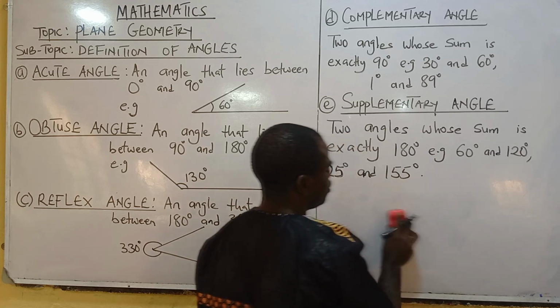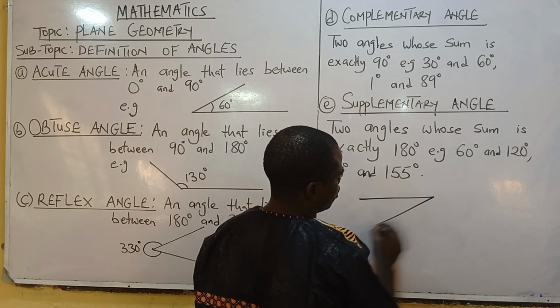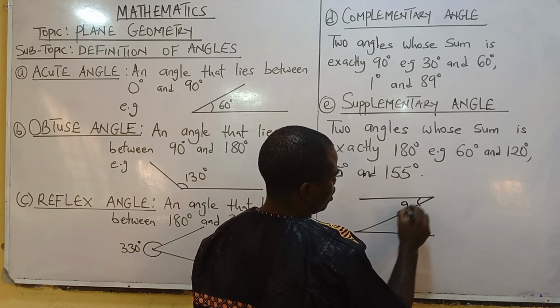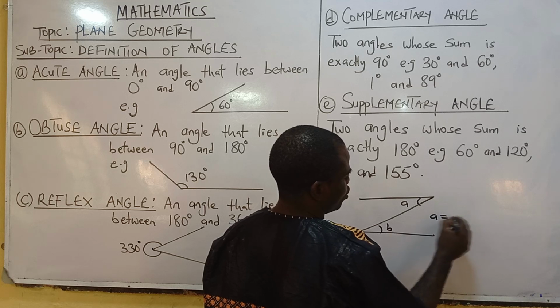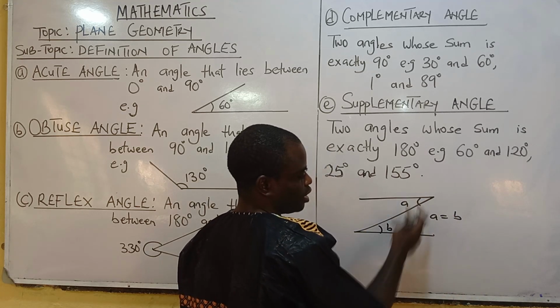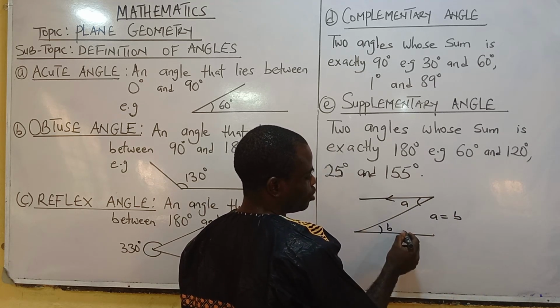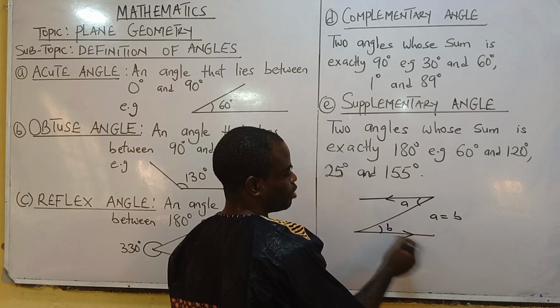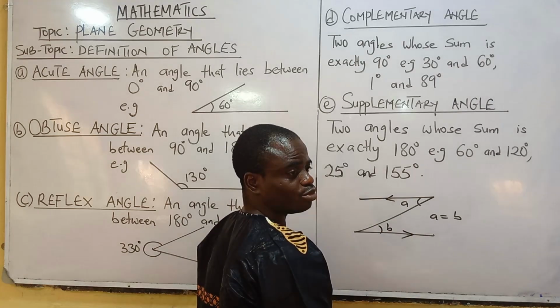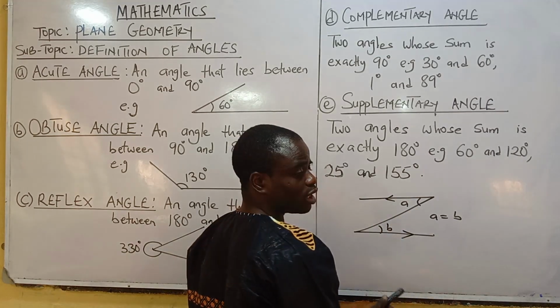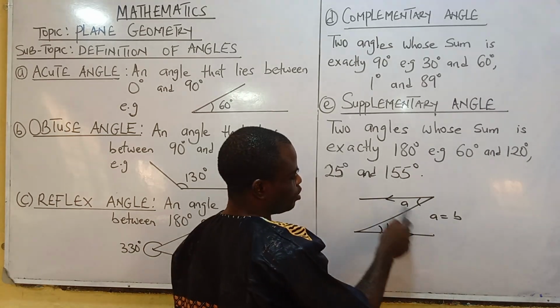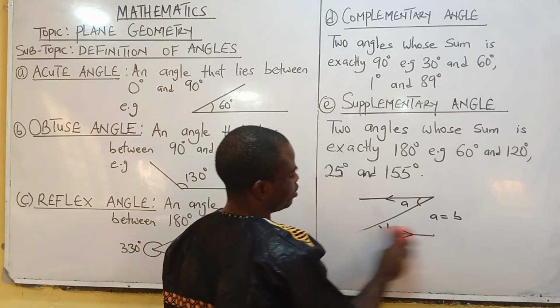When you have alternate angles, A, B, A equals B, that's alternate angles, so far as they are parallel. If you are told in the question that the lines are parallel, A equals B. But if you are not told that they are parallel, don't assume that they are equal. There will be arrows to show that they are parallel.